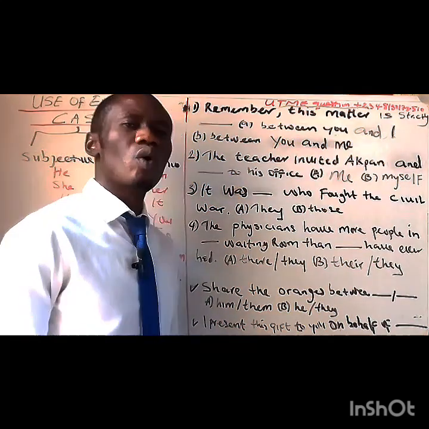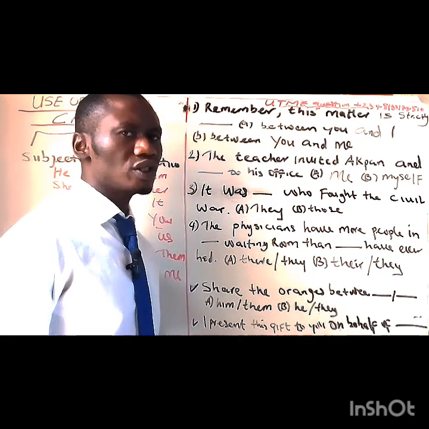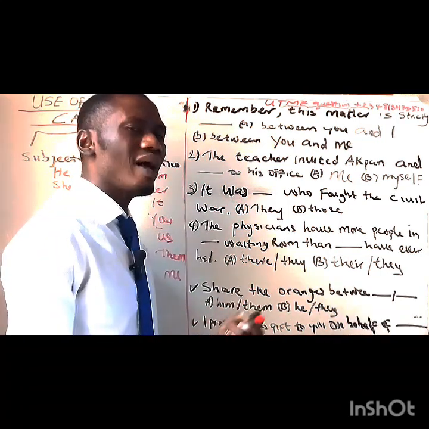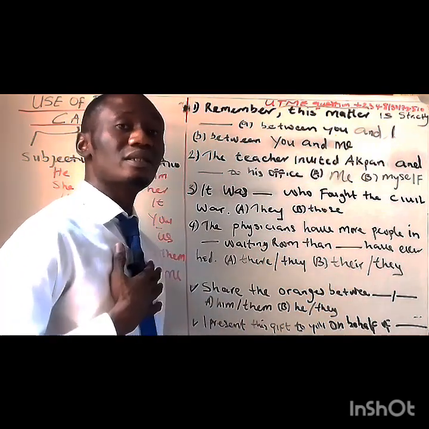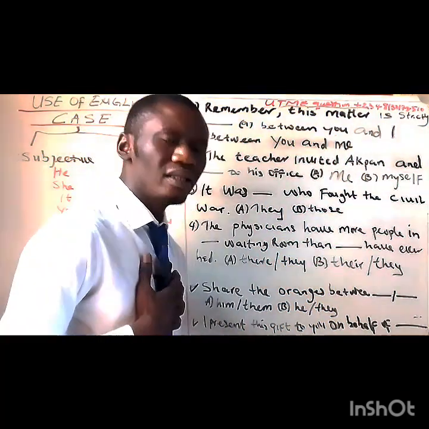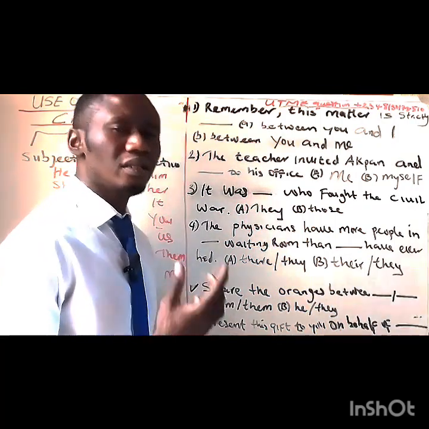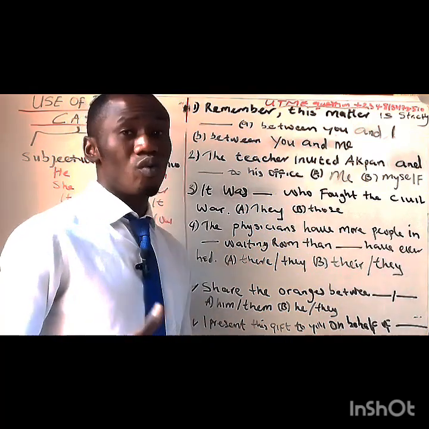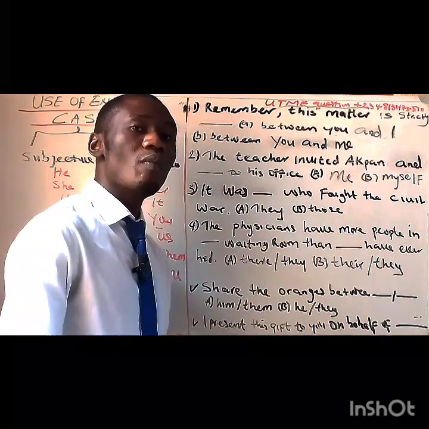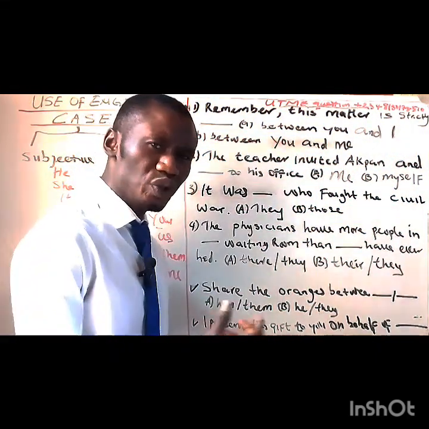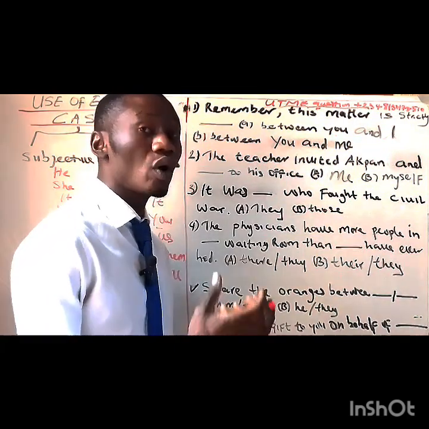Now, whenever you get the word case, you are trying to know how to answer questions that are usually given with answers like, for instance, it is me, it is I. The matter is between you and me, you and I. Or you can also have questions like on behalf of us or on behalf of we. How do you use those sentences I've just made in answering questions correctly?